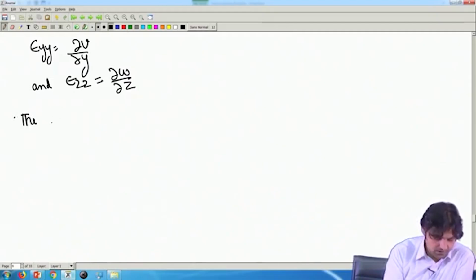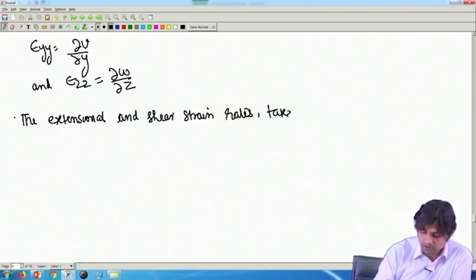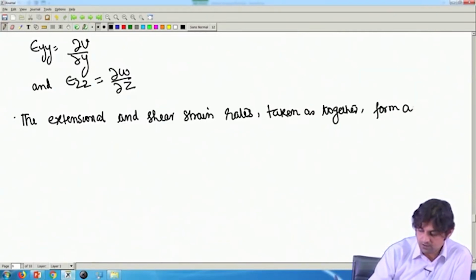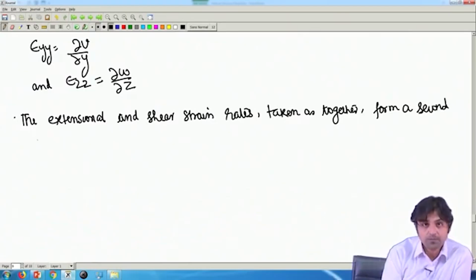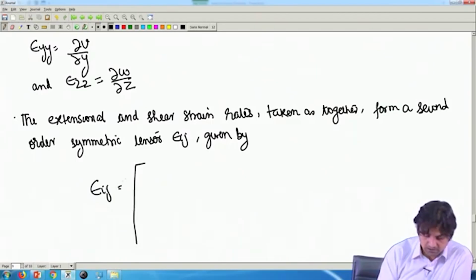So, the extensional and shear strain rates taken together form a second order symmetric tensor epsilon ij, given by, see, this is quite important.